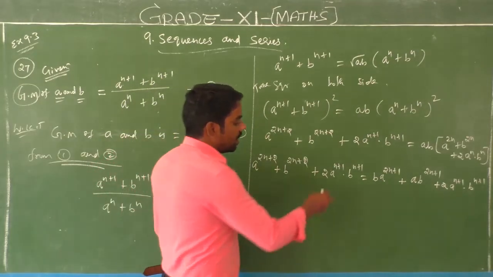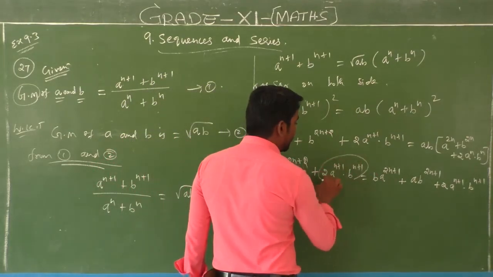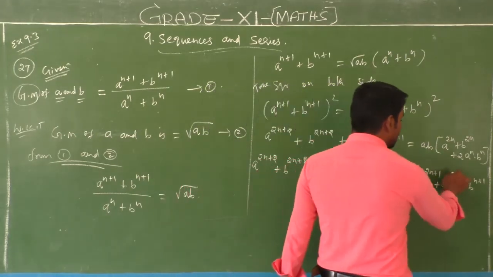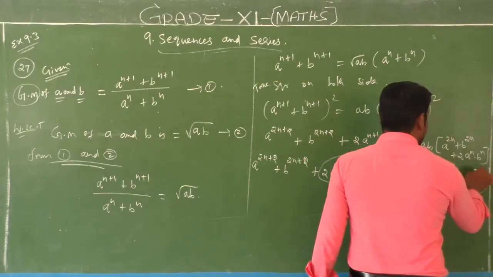See here, the left hand side has 2a^(n+1) b^(n+1), and the right hand side has the same value.